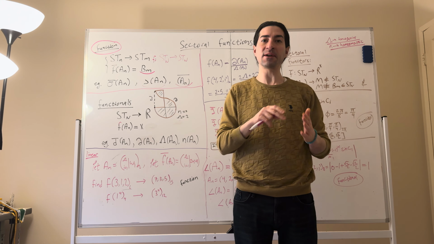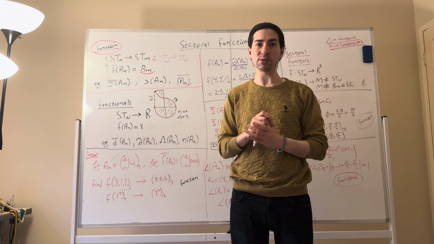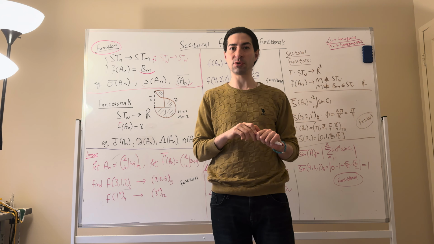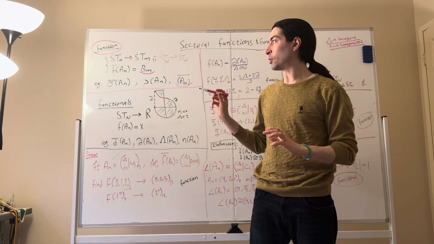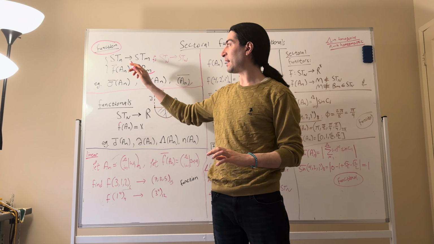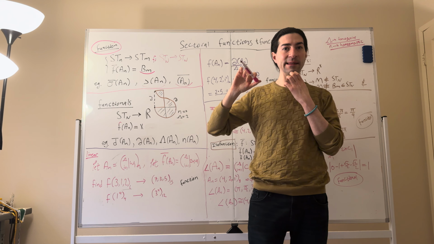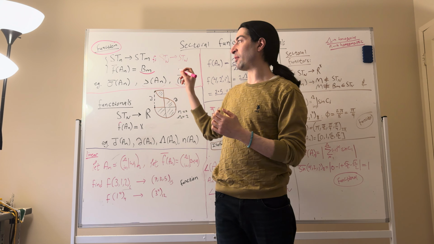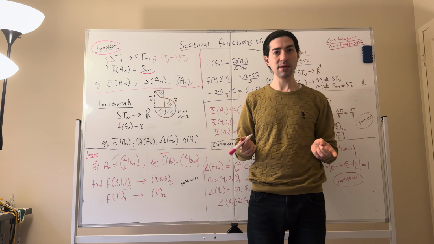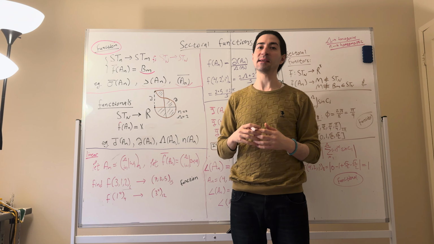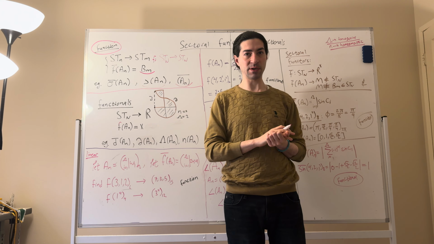And this will be a concept that we will carry throughout our discussion of sectoral structures theory. So if lambda of A_n and lambda of f of A_n are the same, then we say that this is a homogeneous function or a homogeneous transformation.